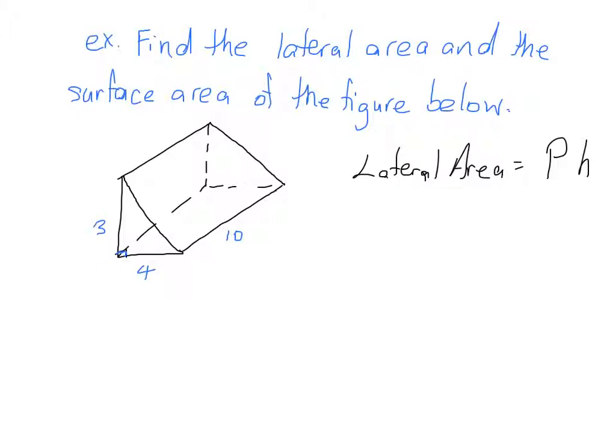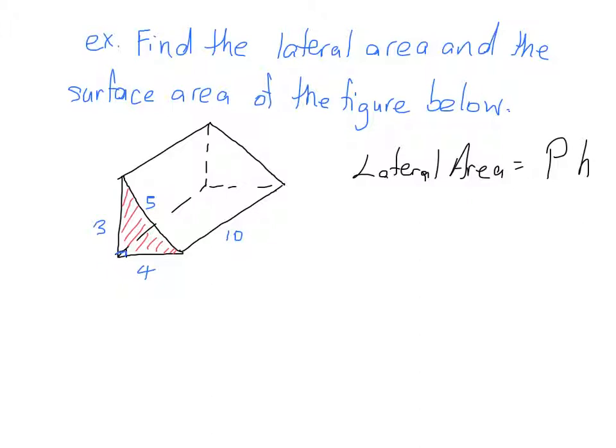When we're referring to the perimeter, we're referring to the perimeter of the base shape, and that base shape here is a triangle. Our triangle has a 3 and a 4 as its legs, and we need the hypotenuse in order to figure out the perimeter. Fortunately, it is a 3, 4, 5 triangle because the legs are 3 and 4.